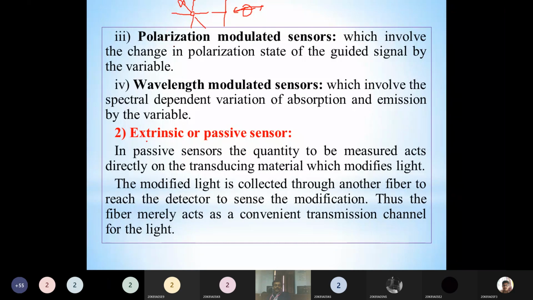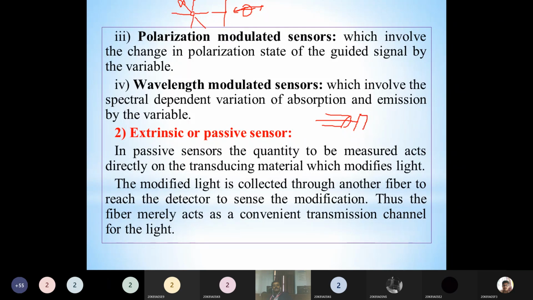Now, extrinsic or passive sensors. In passive sensors, the quantity to be measured acts directly onto the transmitting material, which modifies the light. How it works: there is one optical fiber, and by using this optical fiber we send some optical signals into any material.